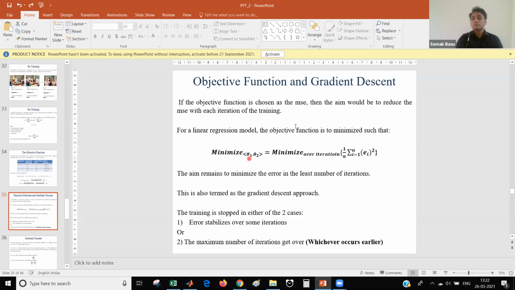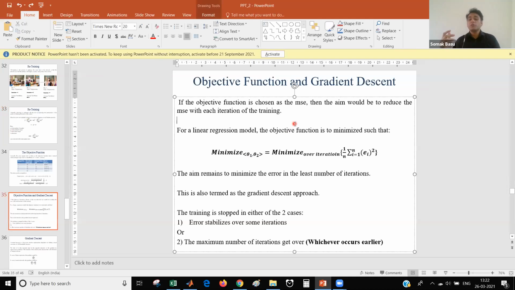Anyway, so for example, objective function and gradient descent. In case you have a linear regression model, y is equal to mx plus c, or y is equal to theta1 x plus theta2. In that case, you'll try to adjust the values of theta1 and theta2. That is, in case y is equal to mx plus c, we'll try to adjust the values of m and c in such a way that with each iteration, we'll try to minimize the errors.